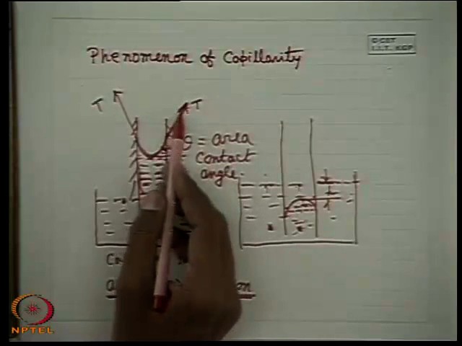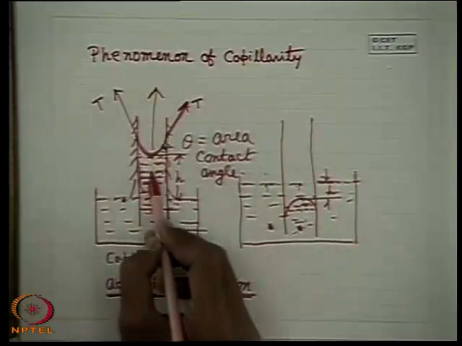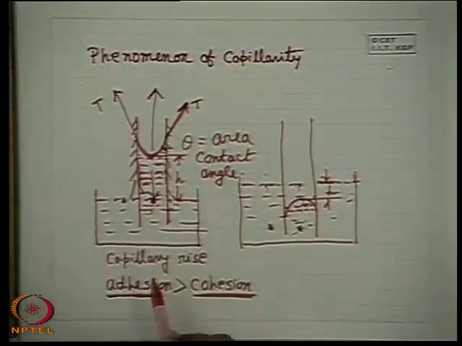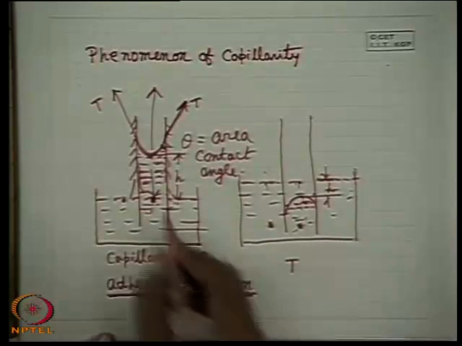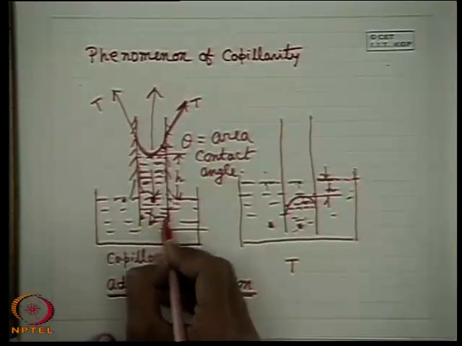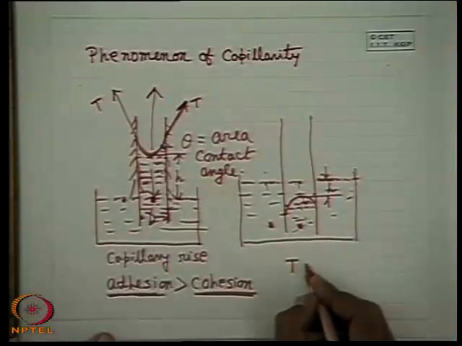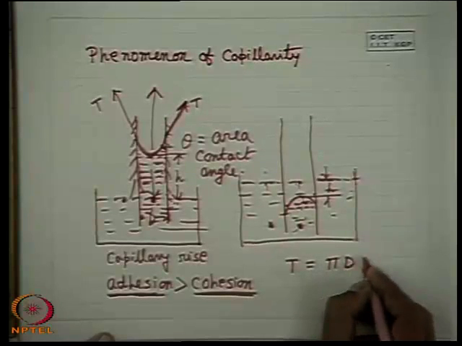Now if we take the component of this force in this vertical direction, that balances the weight of this column. You write this. Now if we consider the diameter of the pipe is D, then T is equal to pi D into sigma.